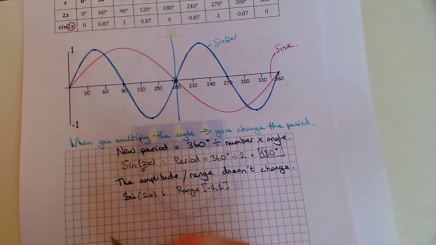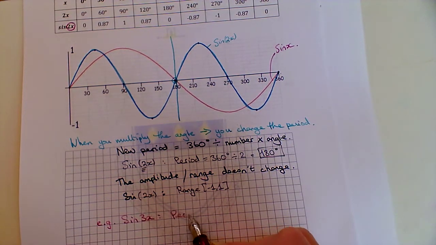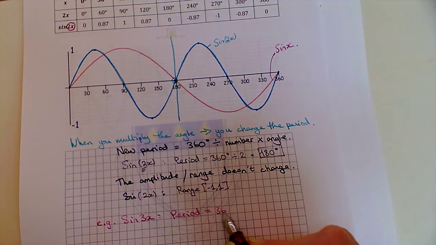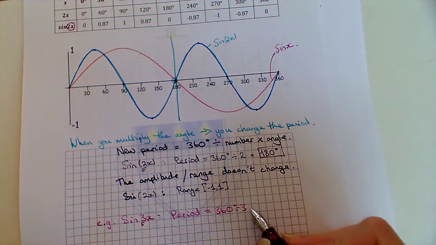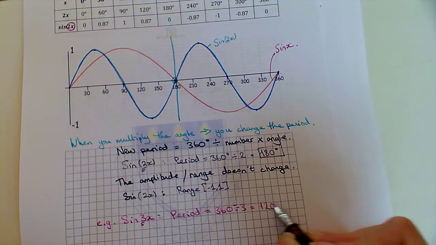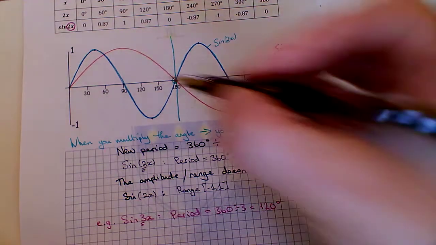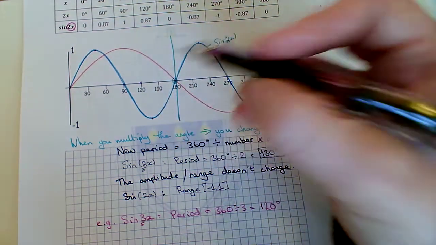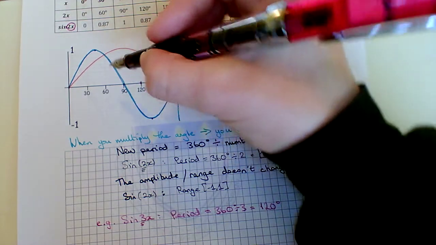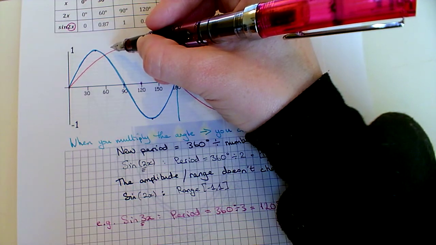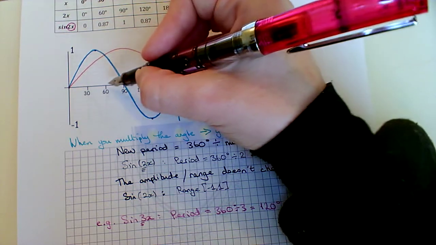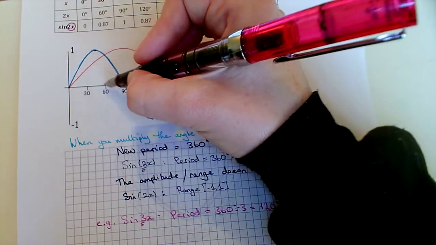Let's stick in another few examples. If I have sine of 3x, then the period is going to be 360 divided by 3, because it's the number in front of the angle, which is 120 degrees. So you'd find that if I was sketching sine of 3x, it will still go all the way up to 1 and -1, but it will repeat within this.